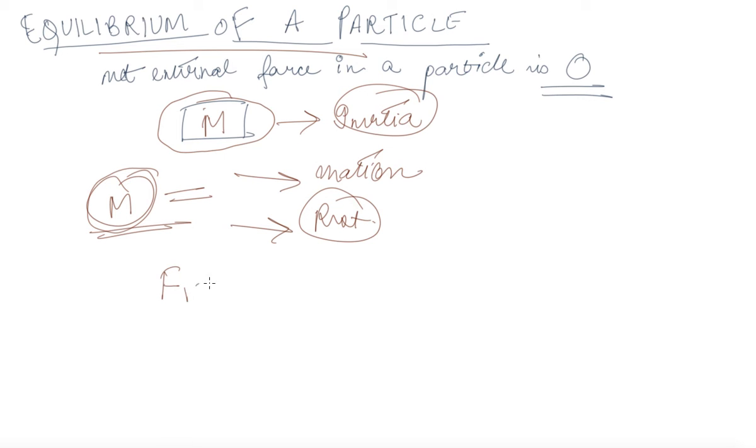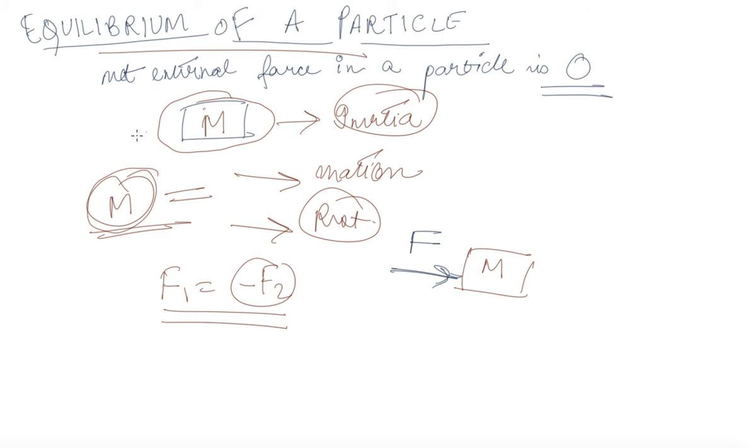Now if F1 equals minus F2, you may have seen this expression. The meaning of this is, say suppose this is an object of mass m and a force F has been applied. Now in order to neutralize this force, we will apply another force, but we have to be sure that the net force on the y and x axes should be zero.